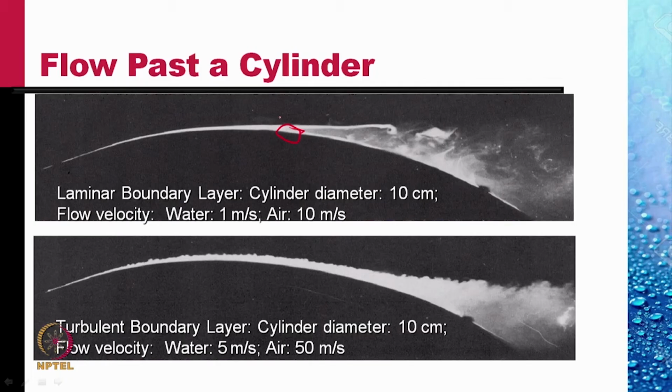We say a boundary layer has developed on the cylinder. A boundary layer, we will discuss later on in the course, is a thin layer in which the viscous effects of the flow are confined. We will have occasion to discuss this in great detail later on in the course.